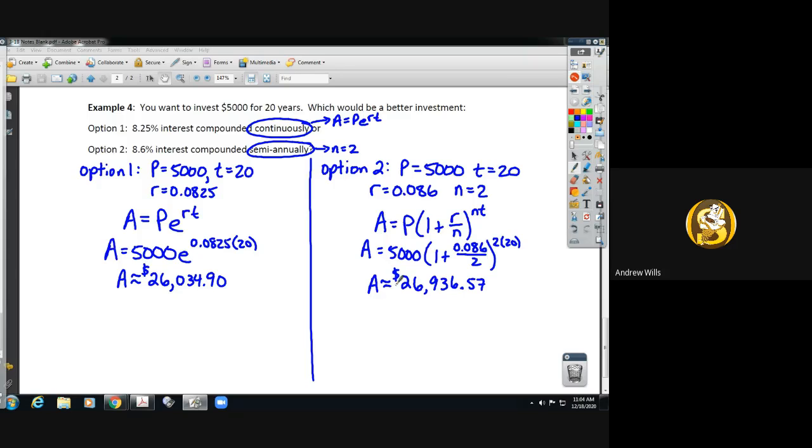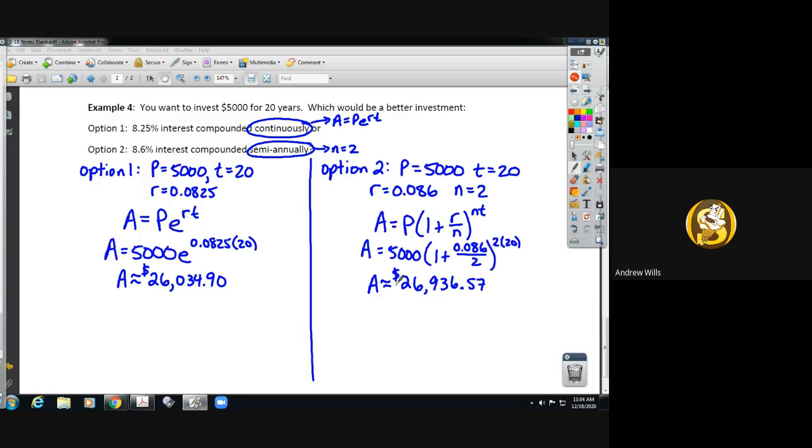Now, I know that didn't happen here, but that interest rate for the continuous is significantly lower than the 8.6% for only 2 times per year. And it almost makes up the difference that quickly. If we went to 21 years, I'm willing to bet that the continuous would have more money in it.